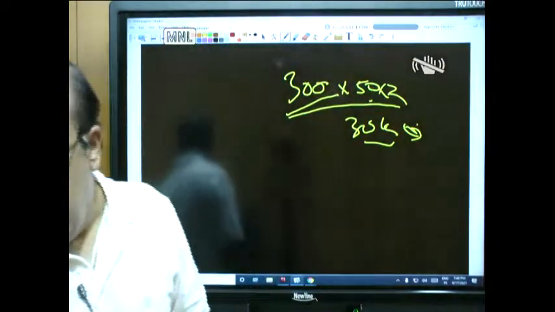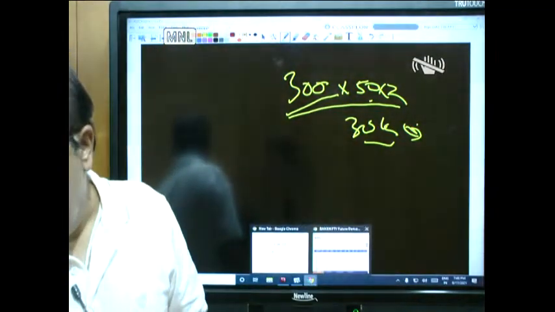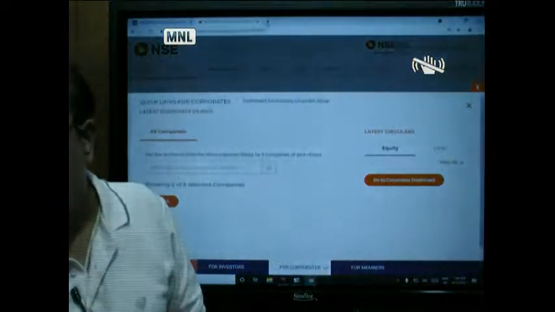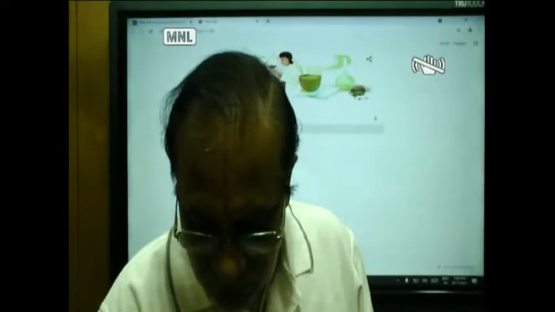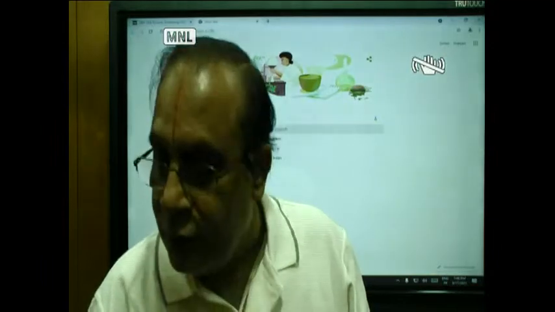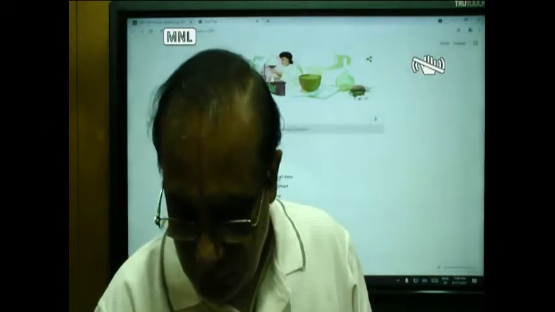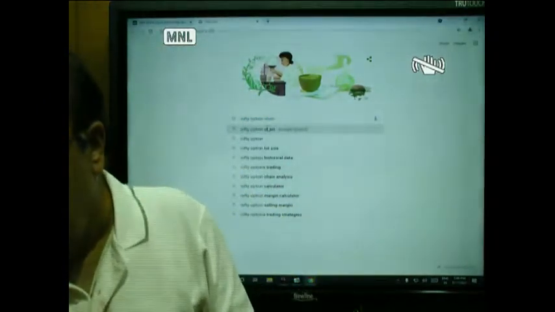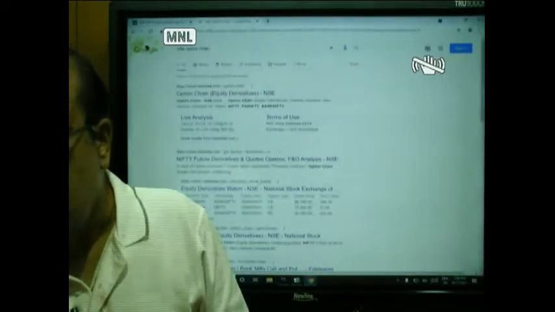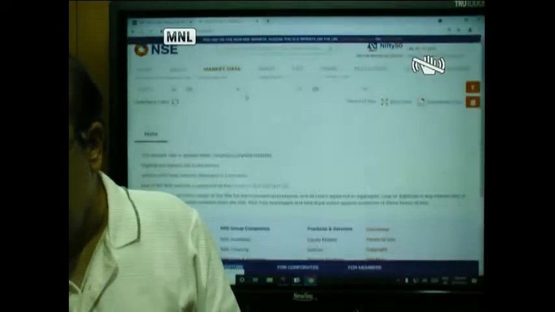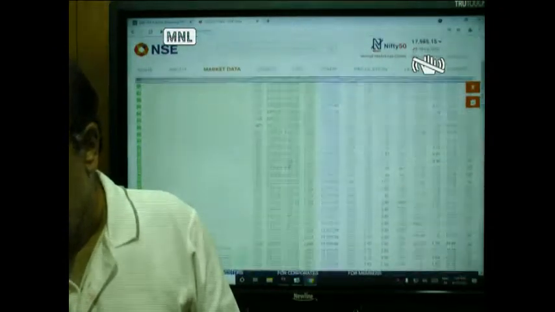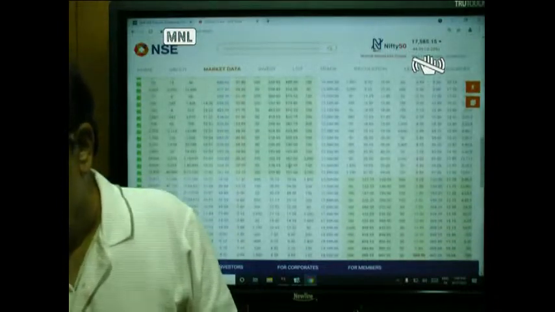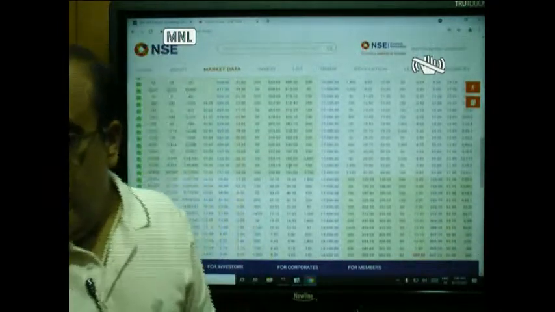If you look at the Nifty option chain, see, today it has come to 198 or so.